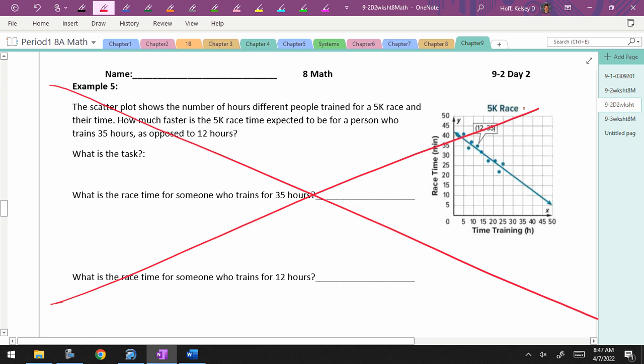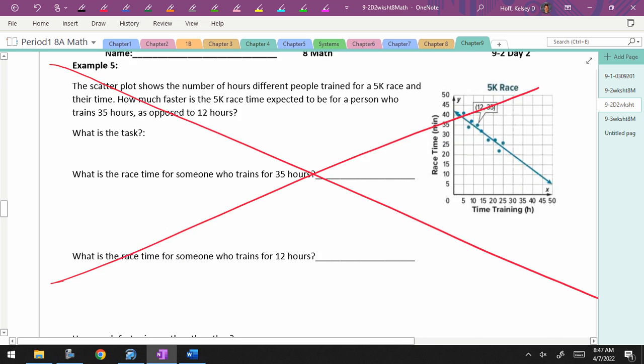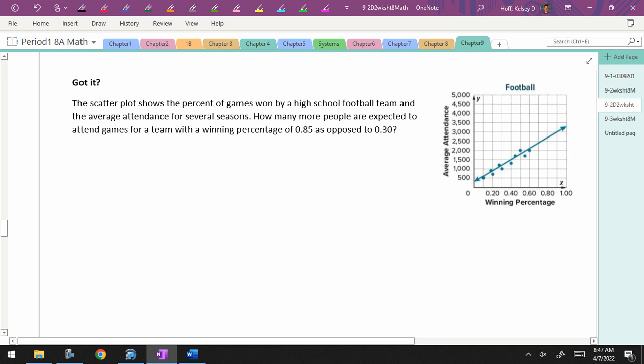Skip example 5. On this one, ignore the directions.